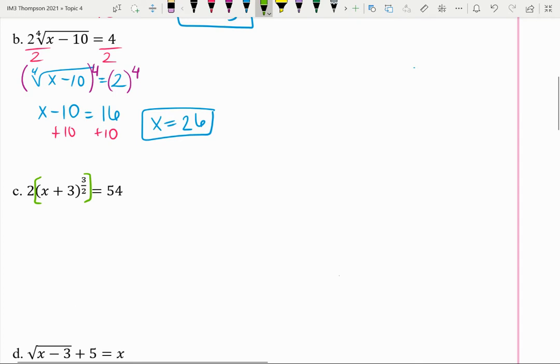So to get rid of the 2, I'll just divide both sides by it. Divide by 2, divide by 2. X plus 3 to the power of 3 halves, and then I get equals 27.